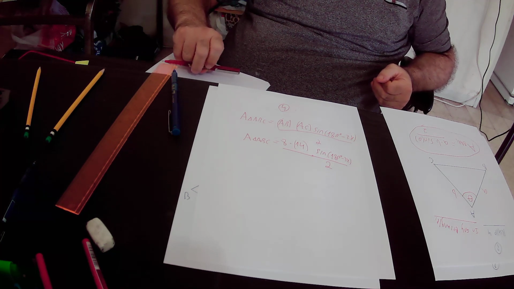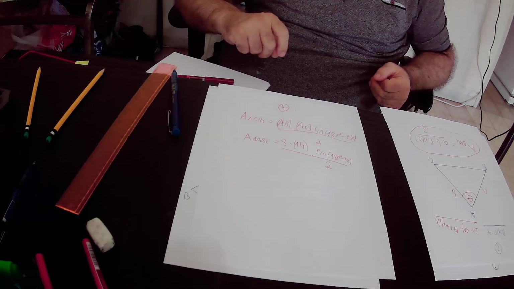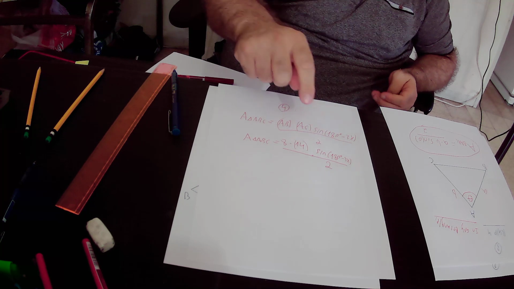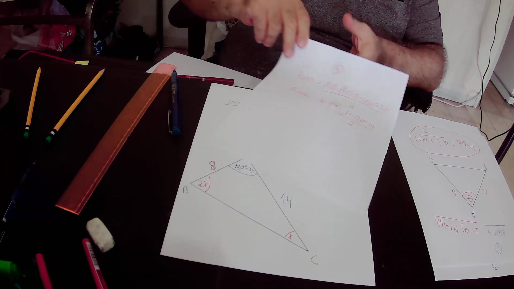And 14 over 2 is 7, and 7 times 8 is 56. So I write it down.